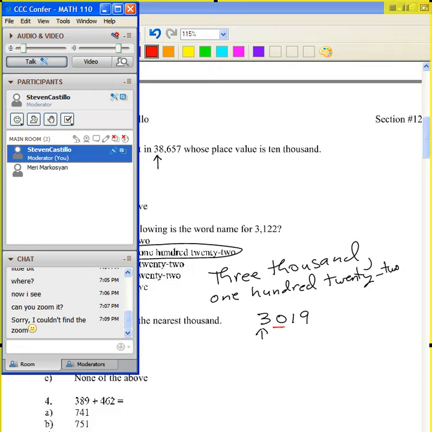Here it is. What's the passcode? If you know it, say it. Otherwise, I guess I'll have to look it up. Oh, here it is.